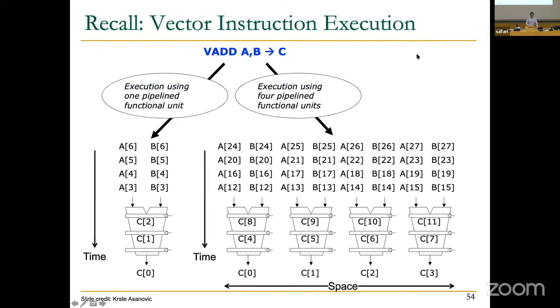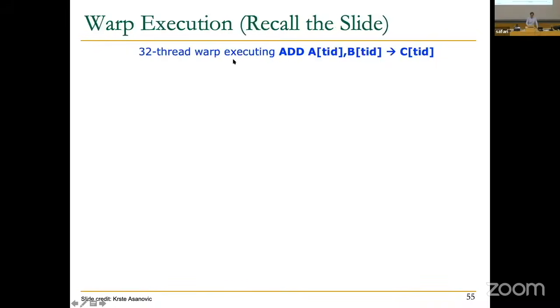TID is thread ID. So we've converted this SIMD instruction to thread operations. Each thread operates on the elements that are allocated to it, if you will, on a vector.